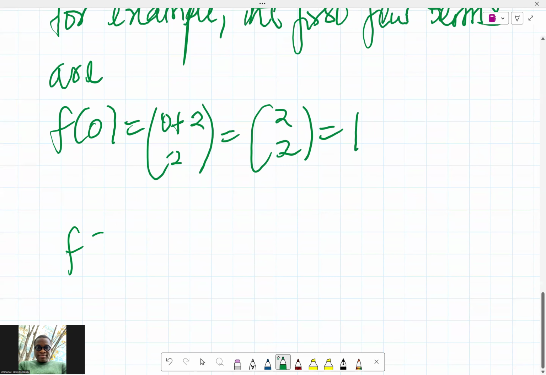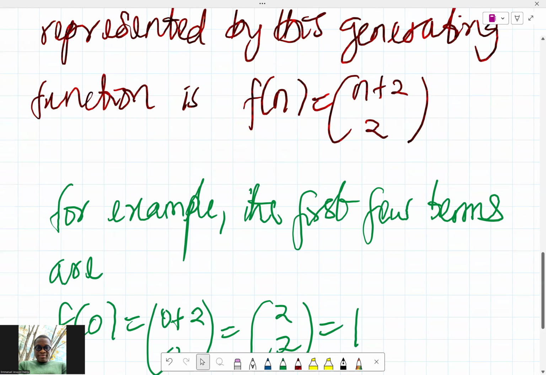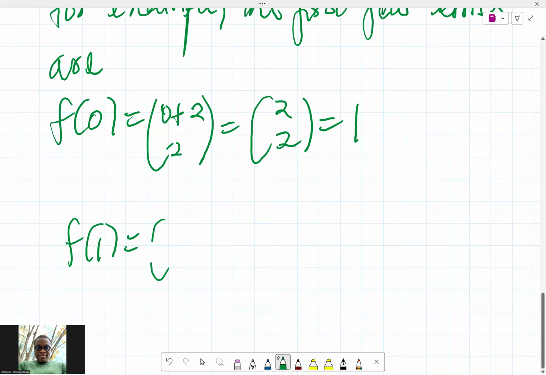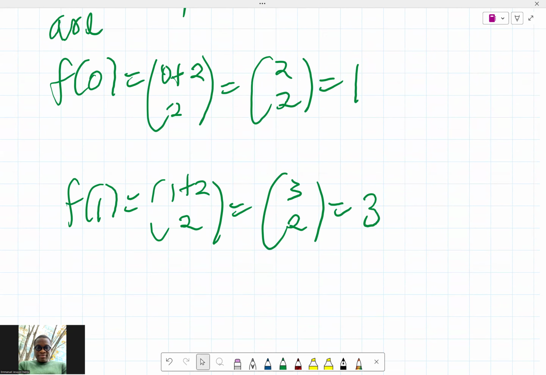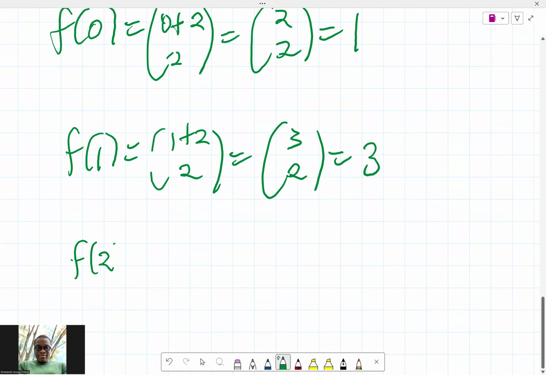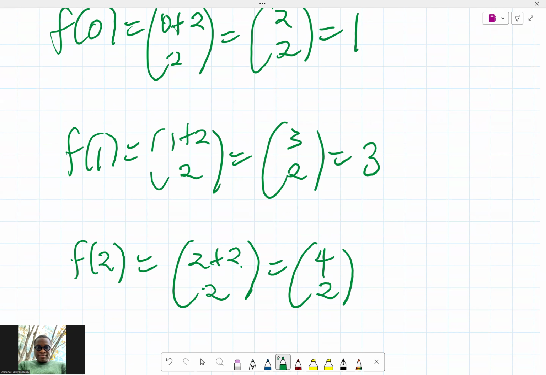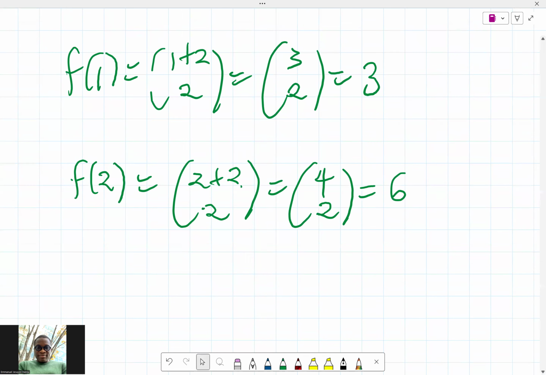Then f of 1, we know f of n is n plus 2 combination 2, so that is 1 plus 2 combination 2. That is 3 combination 2, which is simply 3. And then we can go to f of 2, which is 2 plus 2 combination 2. That is 4 combination 2, which is 4 factorial over 2 factorial times 2 factorial. That's 24 divided by 4, and that gives us 6. And it goes on like that.